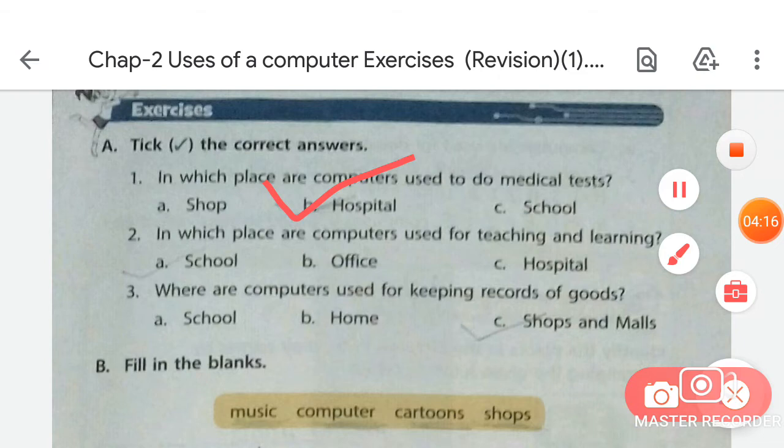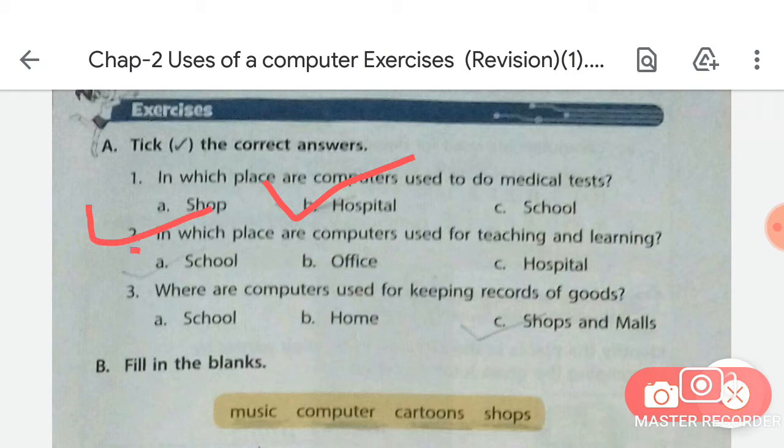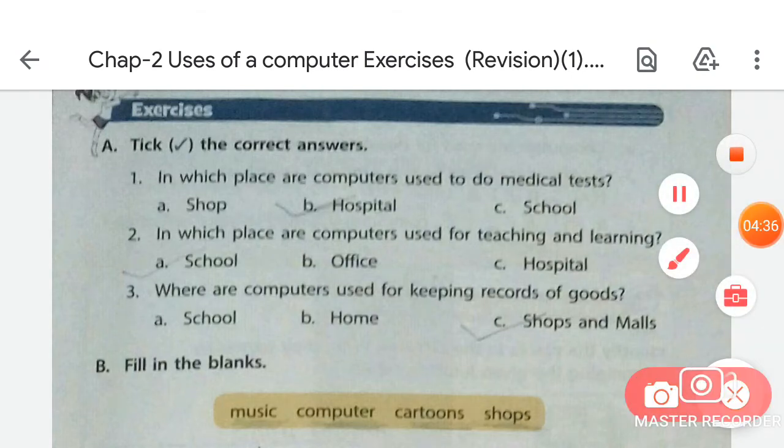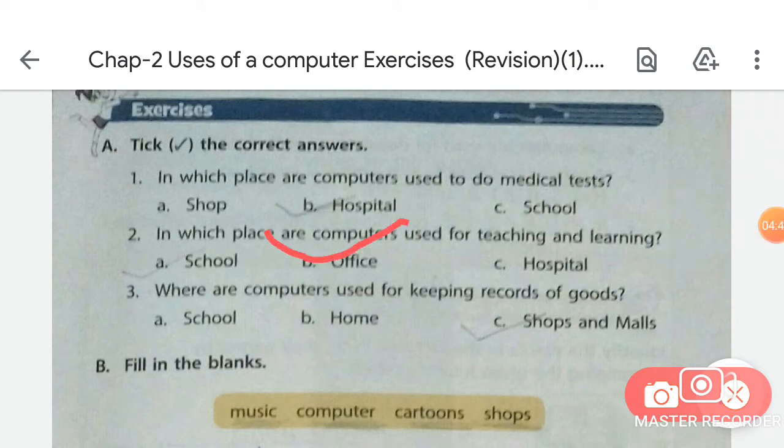Is that clear? Now move on to the second question, which is, in which place are computers used for teaching and learning? Now students, tell me, which is the place where computers are used for teaching and learning? Is it office or hospital?